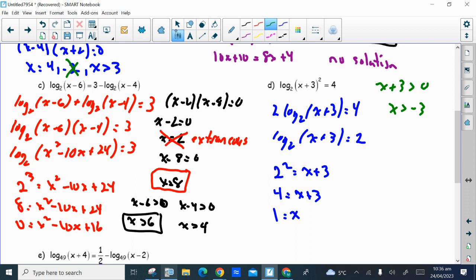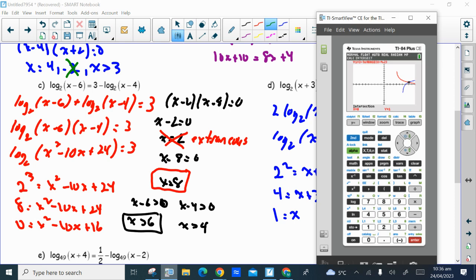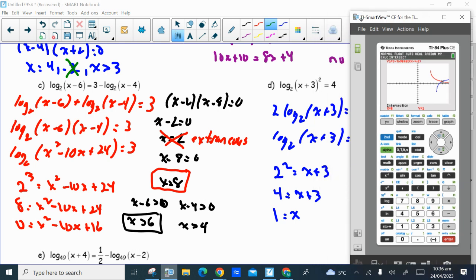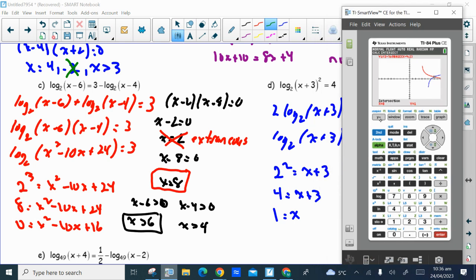We will check by, again, graphing. So the left side will be log base 2. My argument is x plus 3, and that is squared.